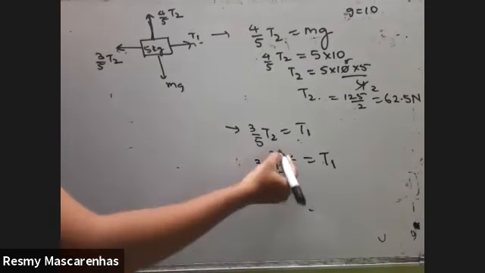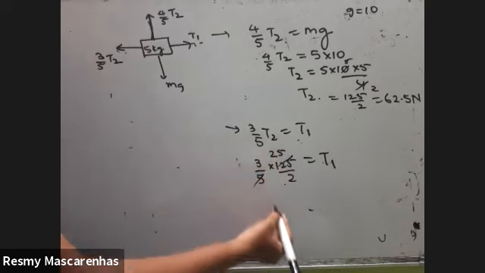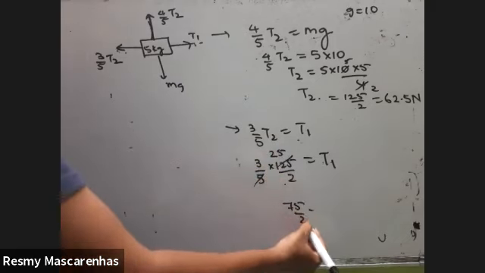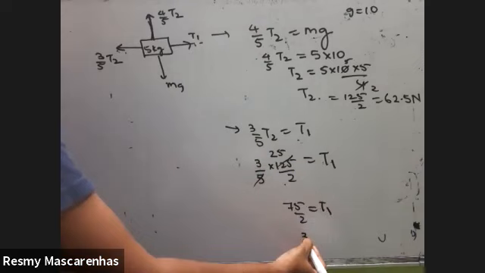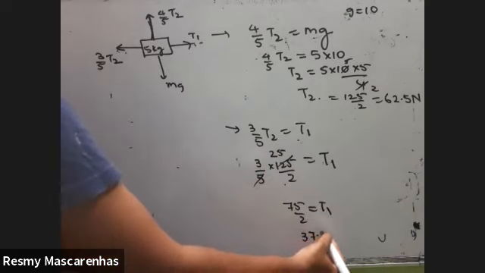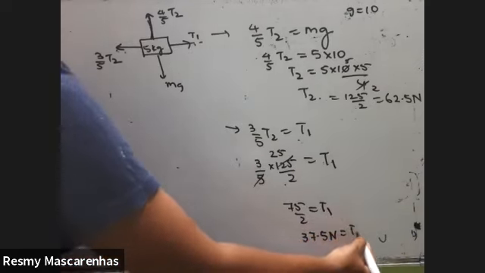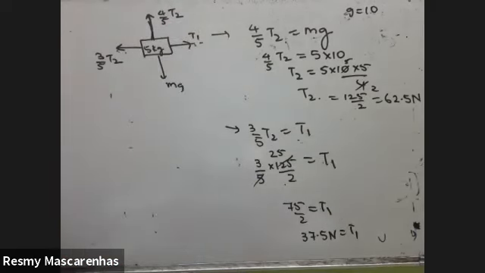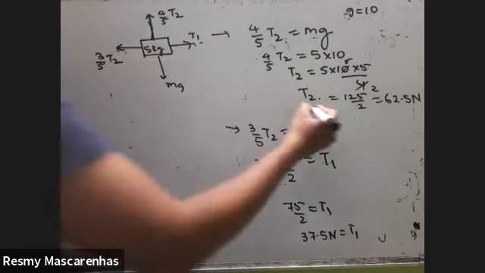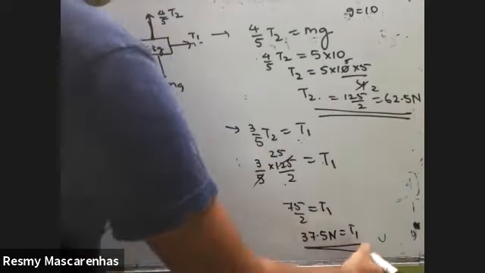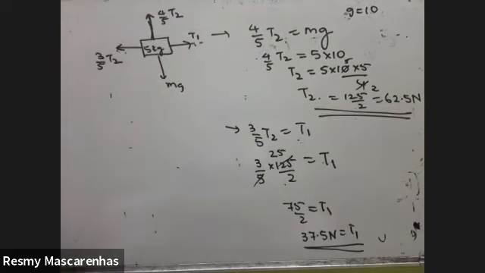This will give you 75/2. So 37.5 you will get. So we got the tension T2 and T1. Any doubt in this problem, you can ask.